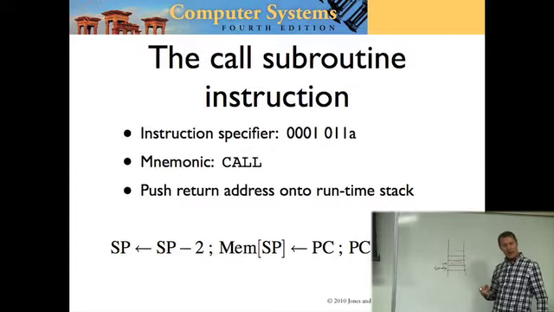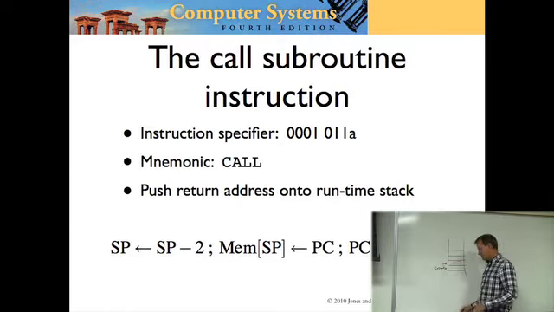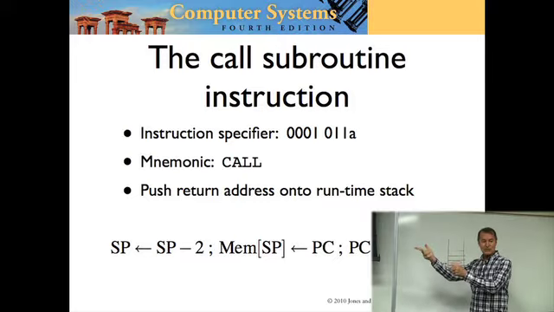Now, what does the program counter contain? The address of the next instruction to be executed. My question is, remember the von Neumann cycle? Fetch, decode, increment, execute. And now this is the execute, right? So what did we increment? The program counter.